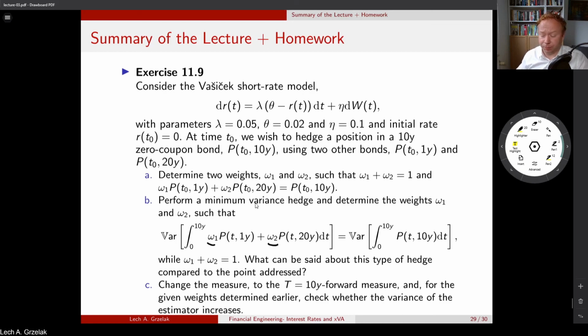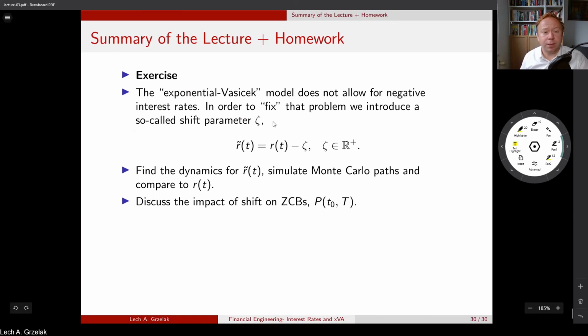In the final exercise for today, we still consider this exponential Vasicek, but we would like to fix the problem that the rates can actually be negative while still having our rates be of exponential or log-normal distribution, let's say. We would like to fix it by so-called shifting.